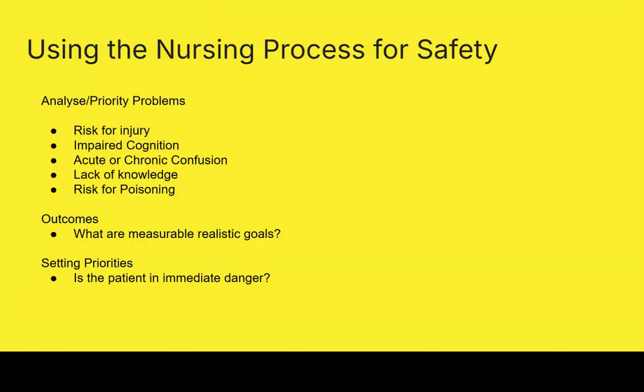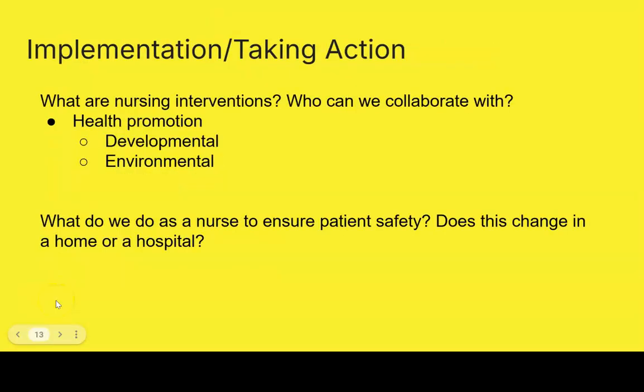We always assess immediate risks of the patient, so developmental stage, level of health, lifestyle preference, and cultural needs. We also collaborate with patient caregivers and the healthcare team to reduce a lot of the safety risks. So once we have our priority problems, we want to take action. We want to implement to meet our goals.